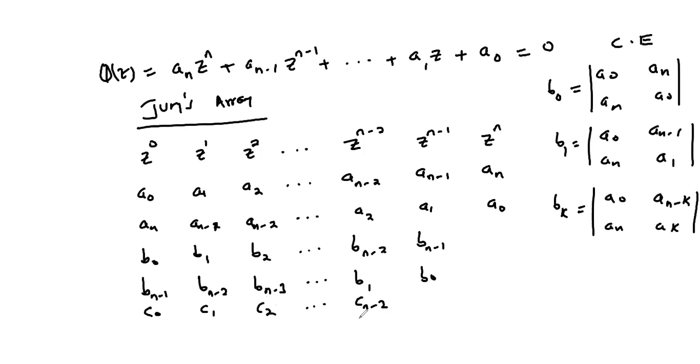And then the fifth row will be the fourth row in reverse order as c_(n-2), c_(n-3), c_(n-4), all the way to c_0, where again c_0 will be using the previous two rows, the rows of the b's, as the determinant of b_0, b_(n-1), b_(n-1), b_0.